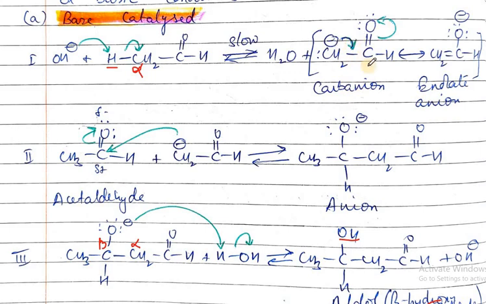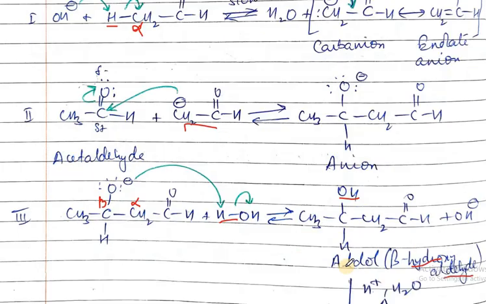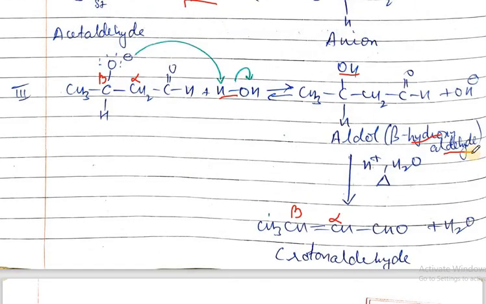Then this carbanion attacks the second molecule of aldehyde, that is, the carbon with negative charge attacks the carbonyl carbon, and we get this anion. In this anion, O negative will abstract hydrogen from the water, and we get an alcohol group on the beta carbon, that is, we get beta hydroxy aldehyde, or this product is called aldol.